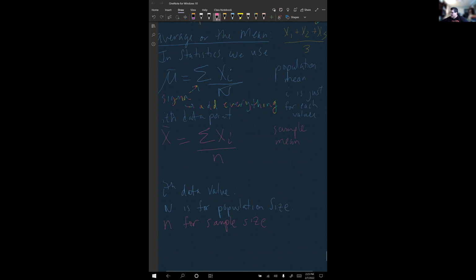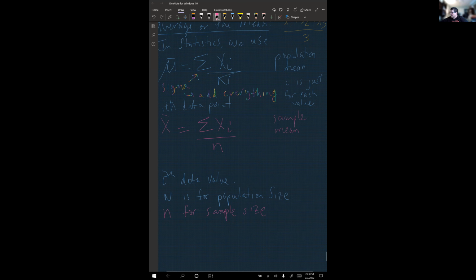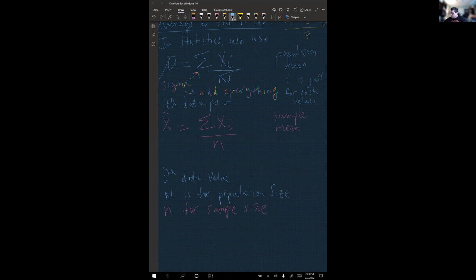Oh, that symbol, that U looking thing. The U has got a long tail to the left of it. This is pronounced mu, like Mewtwo from Pokemon. It's spelled M-U. It's a Greek letter.